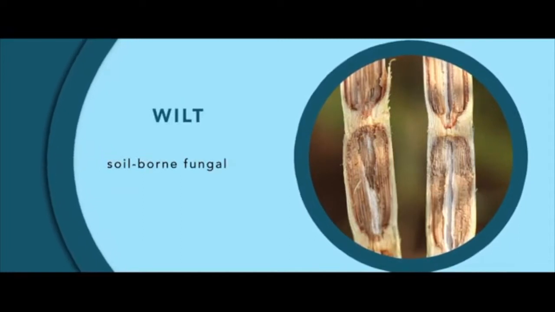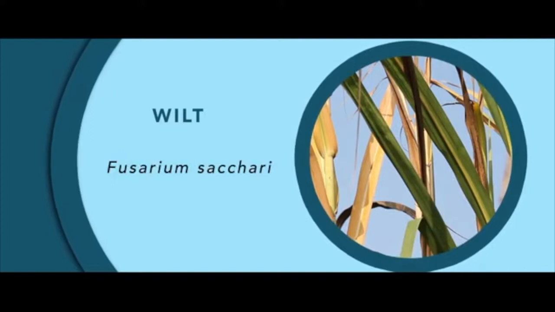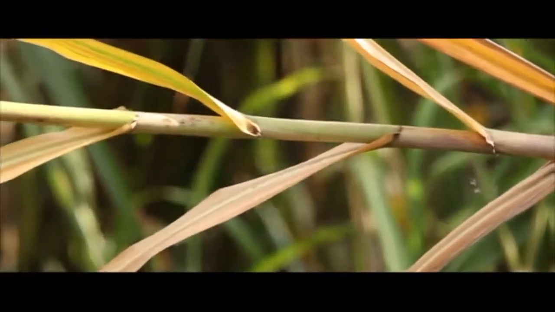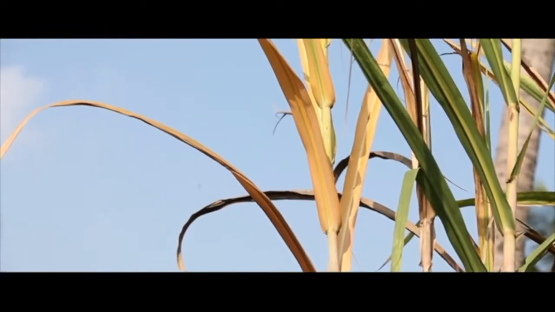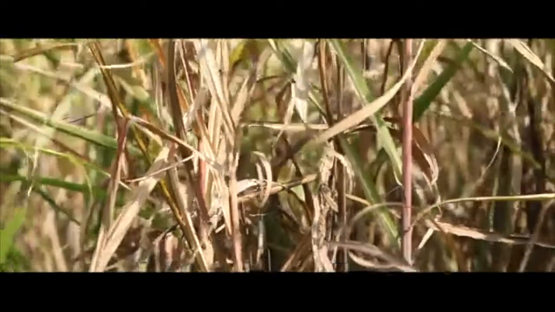Wilt of sugarcane is caused by a weak, soil-borne fungal pathogen, Fusarium sacchari. The affected plant appears wilted and conspicuously stunted. The crown leaves turn yellow, lose turgor, and eventually wither.